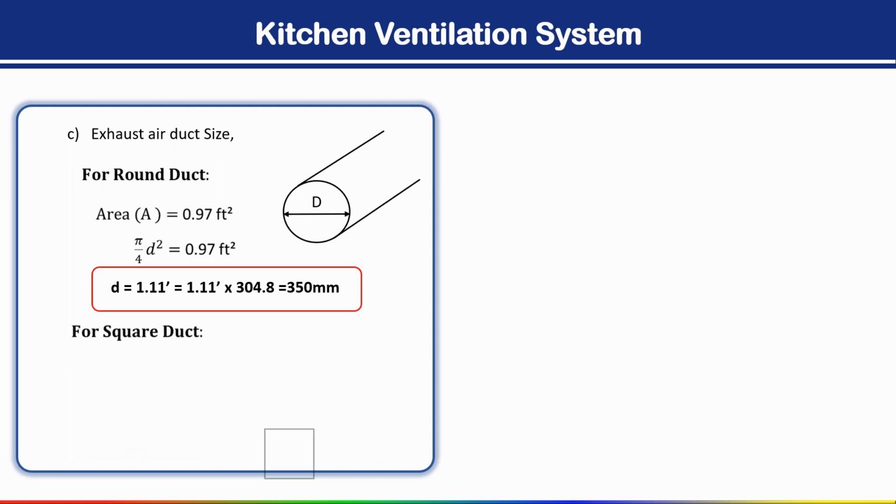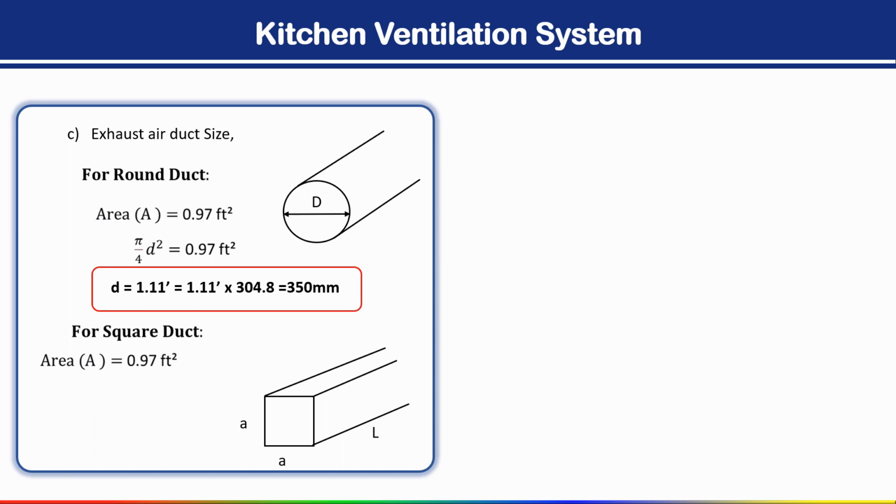Now suppose you want to install a square duct. For a square duct we know that all sides of a square are the same. So here I am assuming the side of this duct is small a. The area we have calculated is 0.97 square feet.